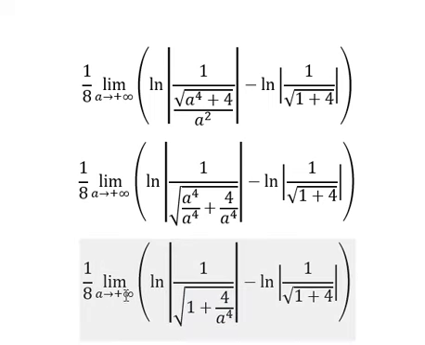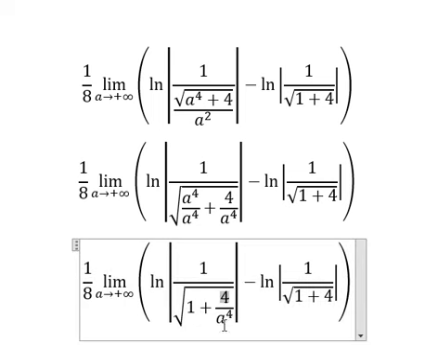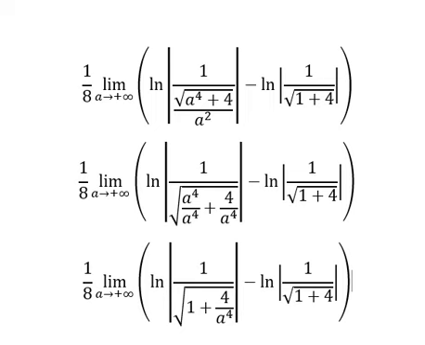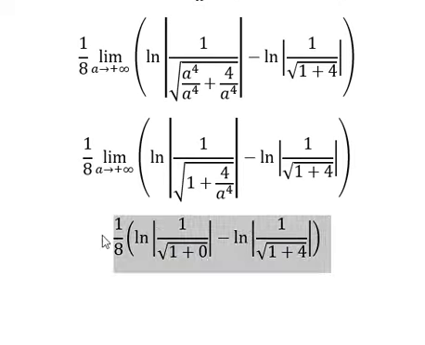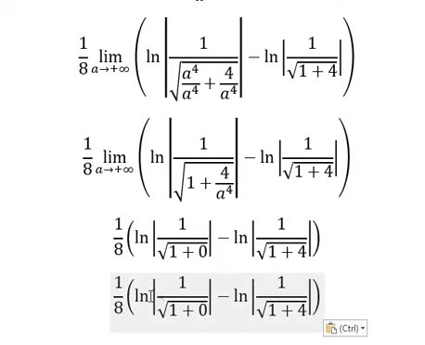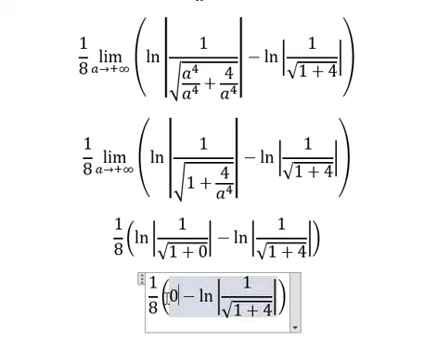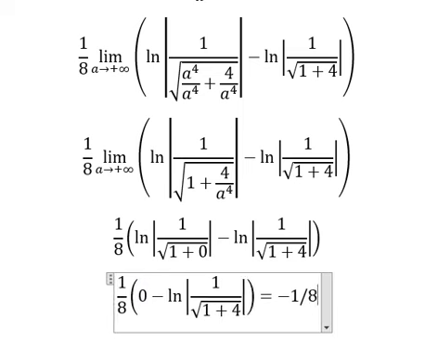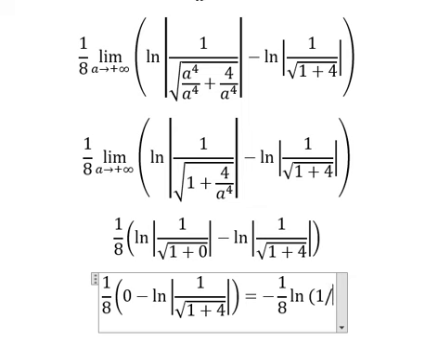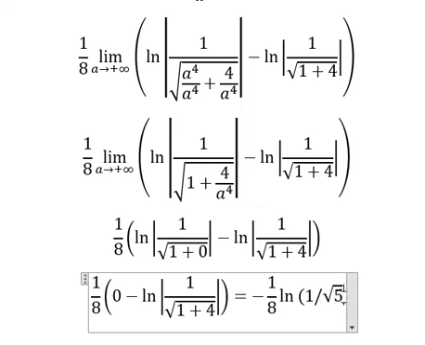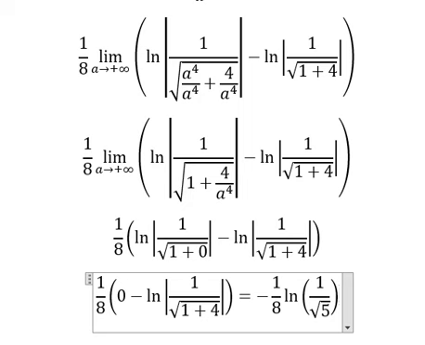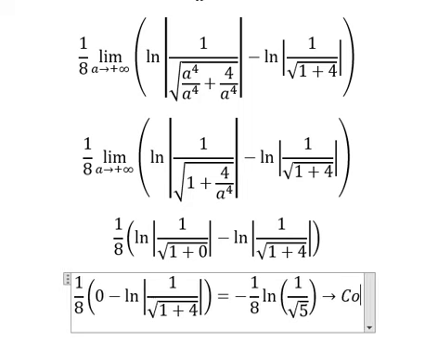When x approaches positive infinity, number 4 divided by positive infinity, you get number 0. ln of number 1, that is number 0 in here. And we can simplify like this. And this one, that is convergent.